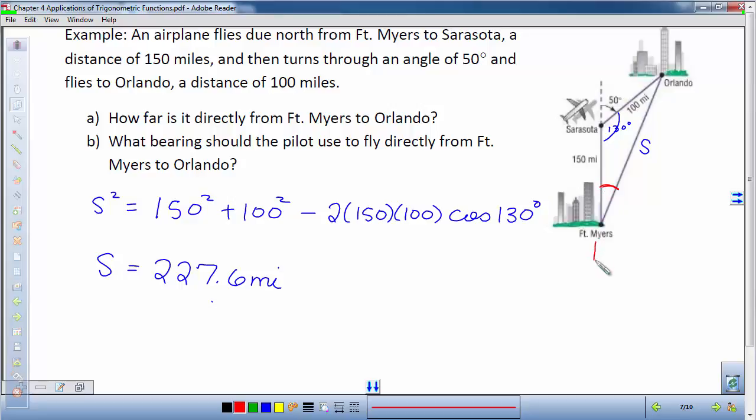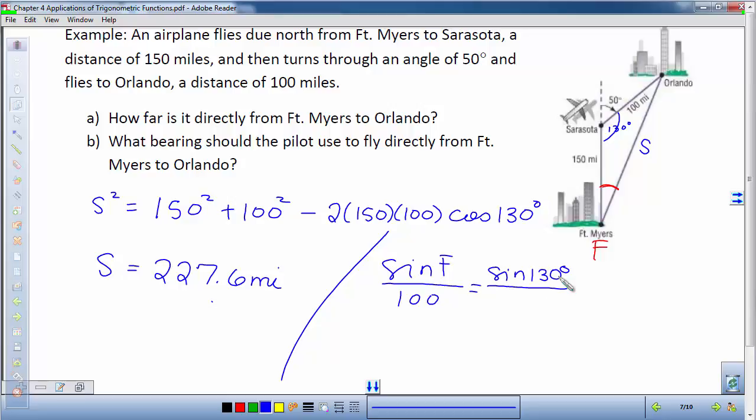Let's call this F for Fort Myers. Then I can say sine F over 100, that's the opposite side, is equal to sine of 130 degrees over what we just found, 227.6, dot dot dot.